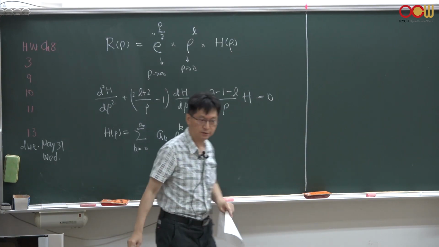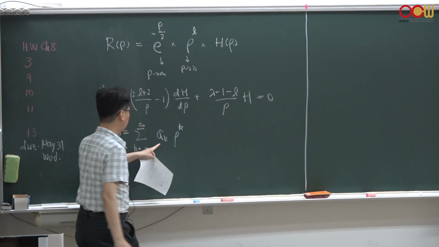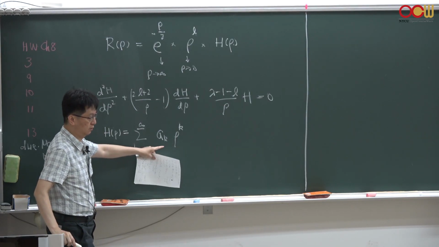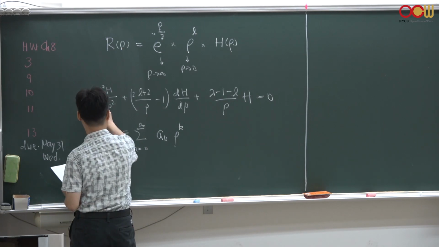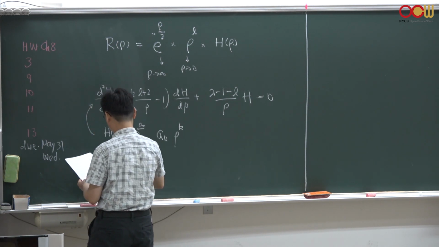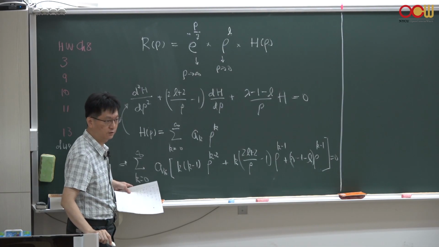Sounds very familiar because we have done that in the harmonic oscillator problem. We should find the so-called recursive relations, which is the relation between the coefficients of k for different k. So let's just plug in here. We get some relations. If you do the algebra, you see this very easily.